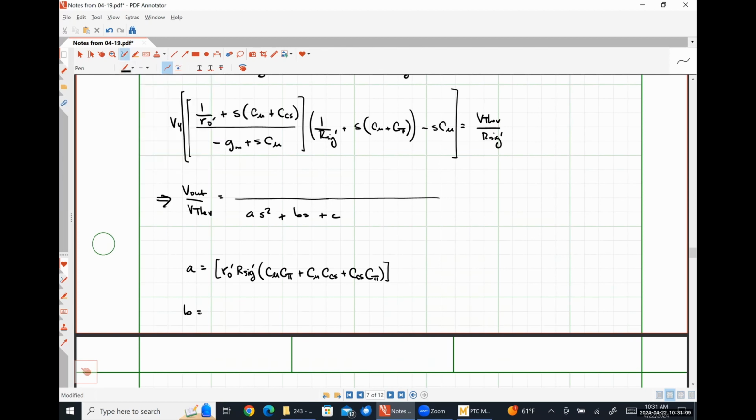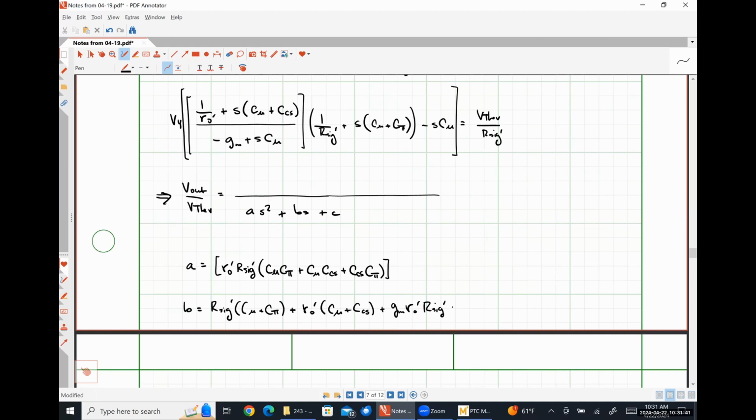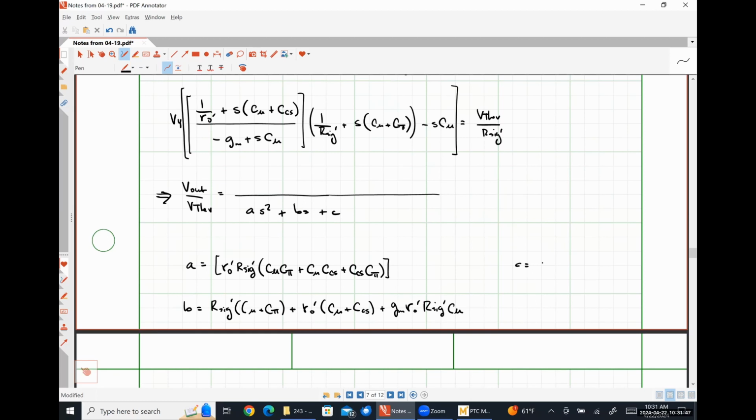B is equal to, this is going to be large, R sigma prime C mu plus C pi plus R naught prime C mu plus C CS plus gm R naught prime R sigma prime C mu. And I'll put C over here. It's 1.